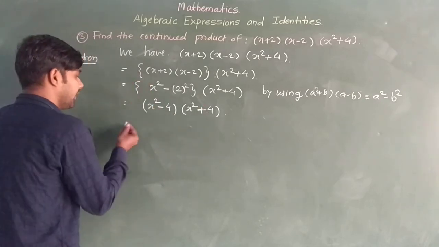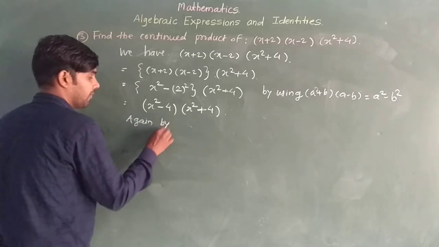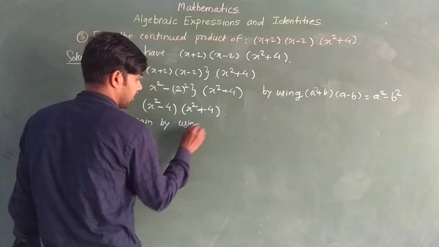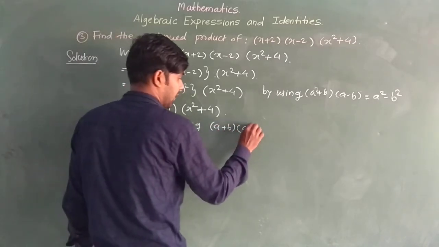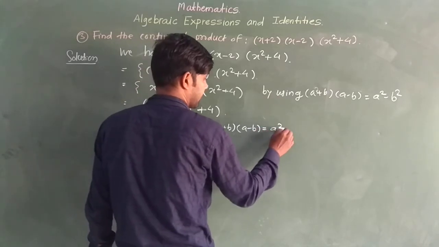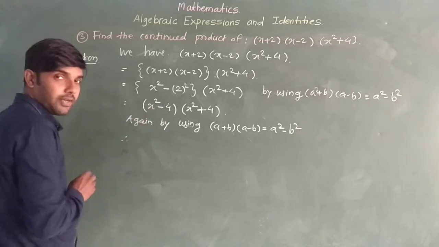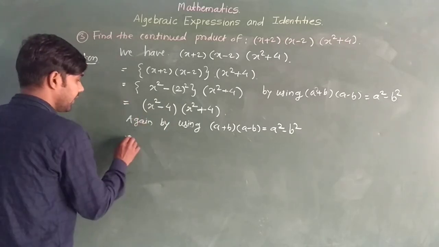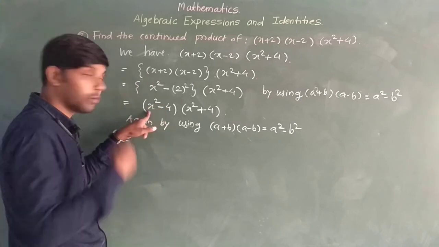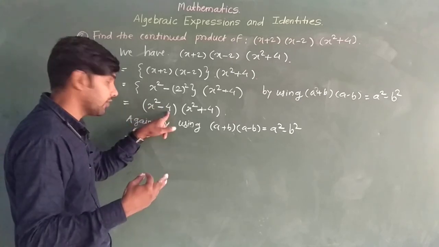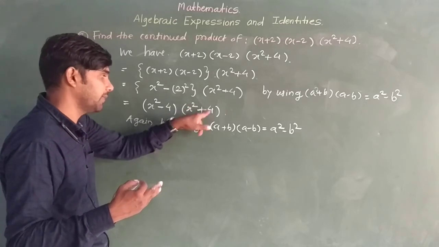So again, by using a plus b, another bracket a minus b is equal to a square minus b square, here a is equal to x square and b is equal to 4.